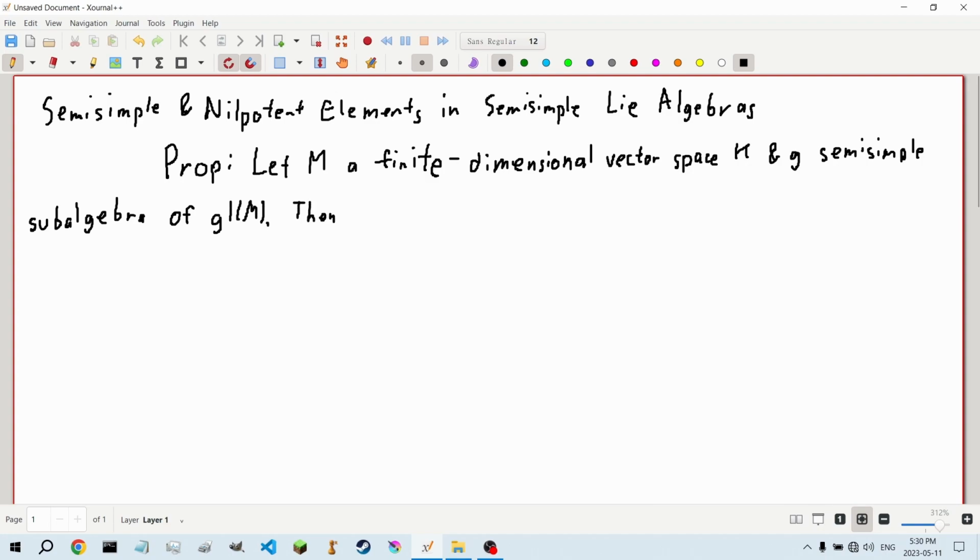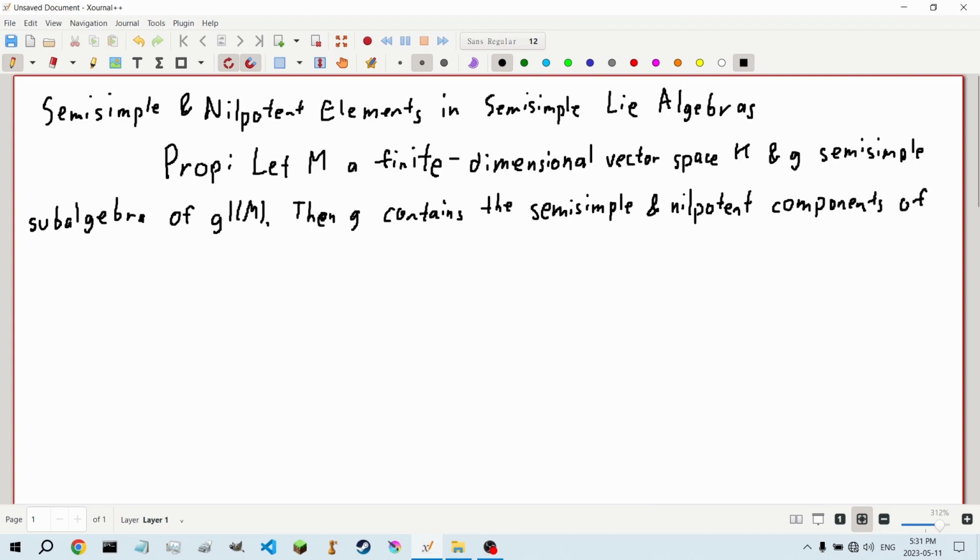Then G contains the semisimple and nilpotent components of its elements.